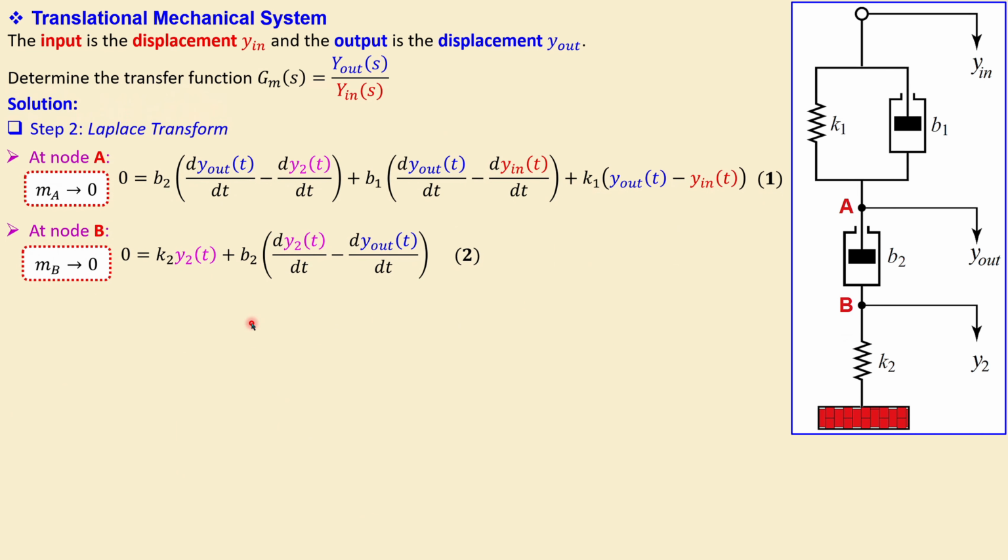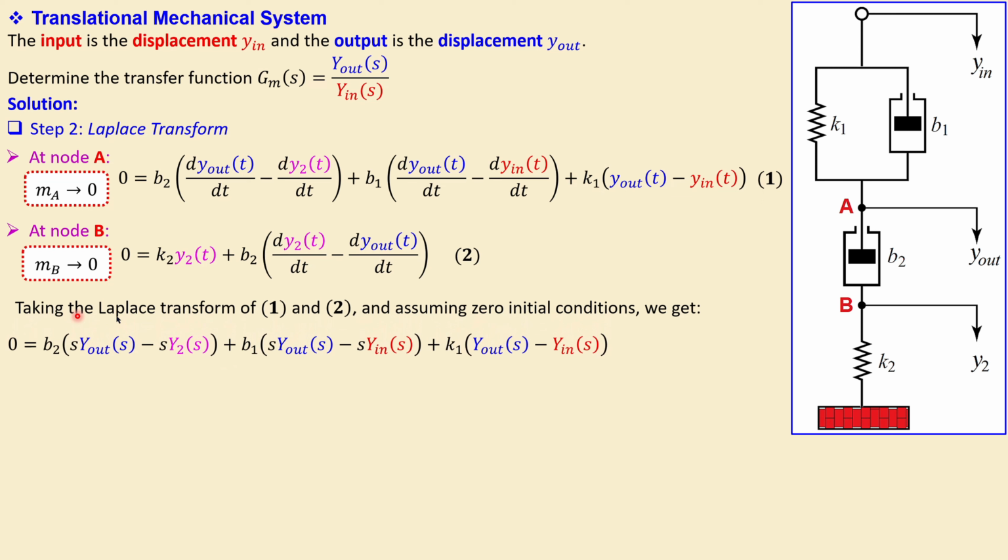Now the next step is using Laplace transform to work out these two differential equations more easily using the transformation of d/dt to s. And taking the Laplace transform of 1 and 2, we assume the 0 initial conditions. So we assume all of the conditions, so it is at steady state, there are no displacements before we, let's say, disturb this system.